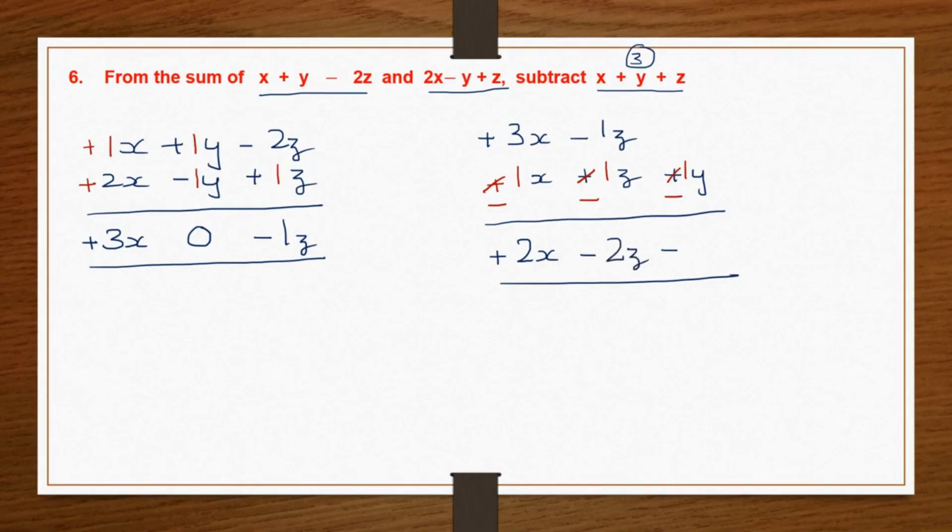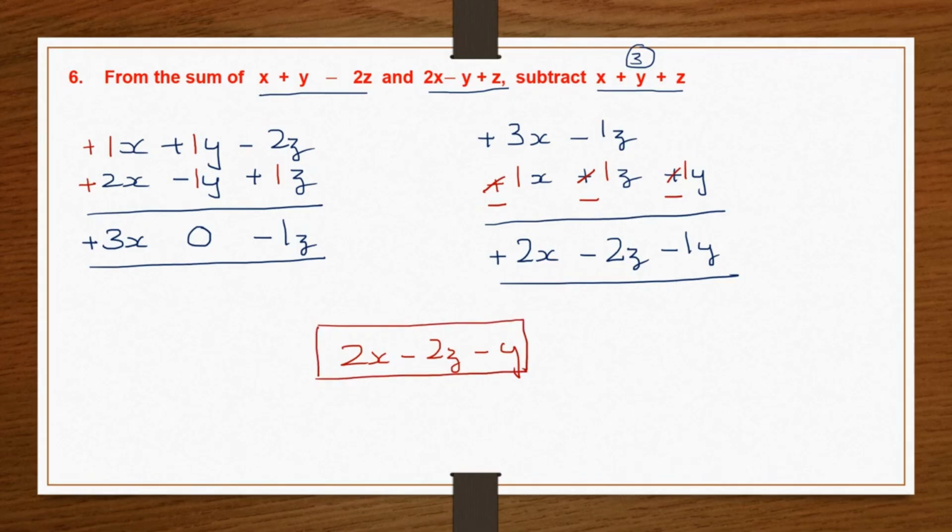And the y column remains as minus 1y. So what is our final answer? Our final answer will be 2x minus 2z minus y. So we can leave it as y, you don't even have to write it as 1y. We can put it in the right order, x, y and z. So 2x minus y minus 2z.